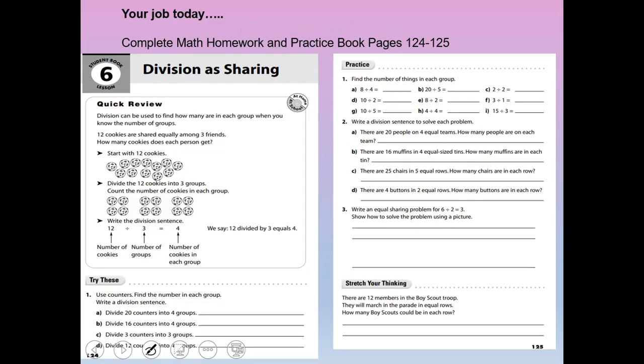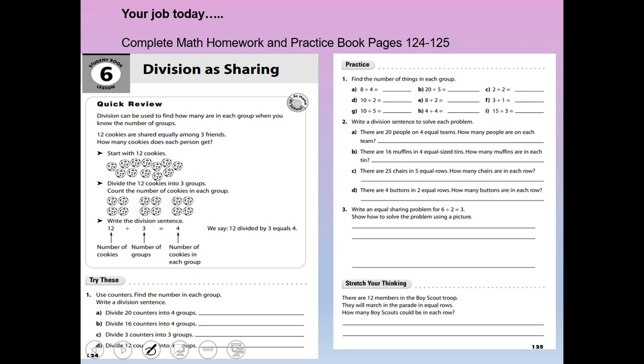Okay, so it's pretty easy today. Your job is just going to be to complete pages 124 and 125 in your math homework and practice book. Okay. Basically, if you have counters at home or things, remember you can draw pictures to check your work. That's fine.